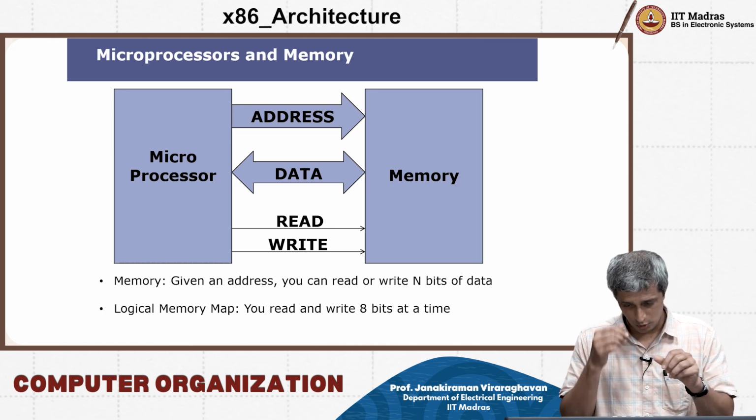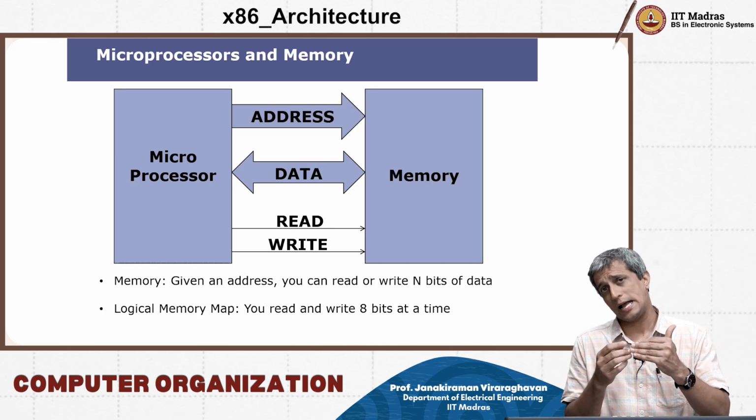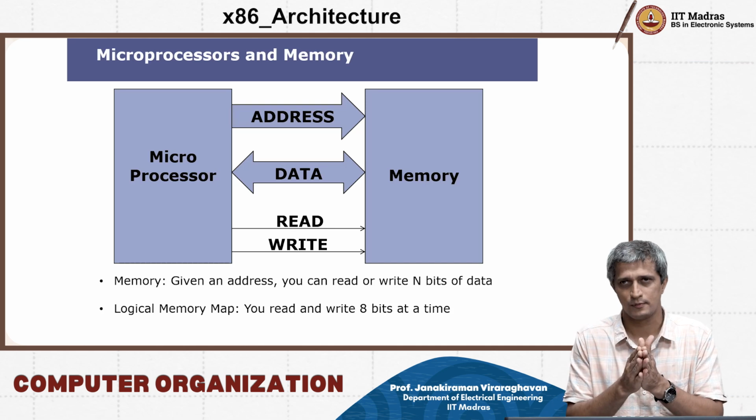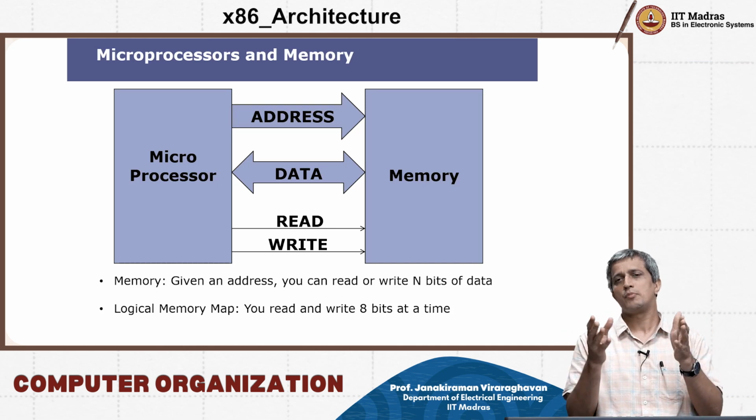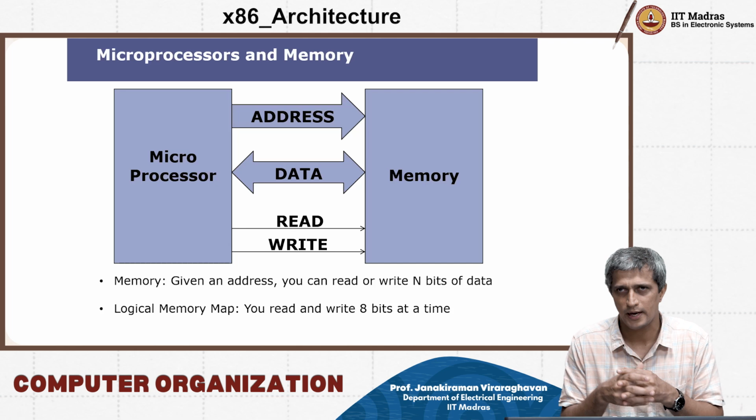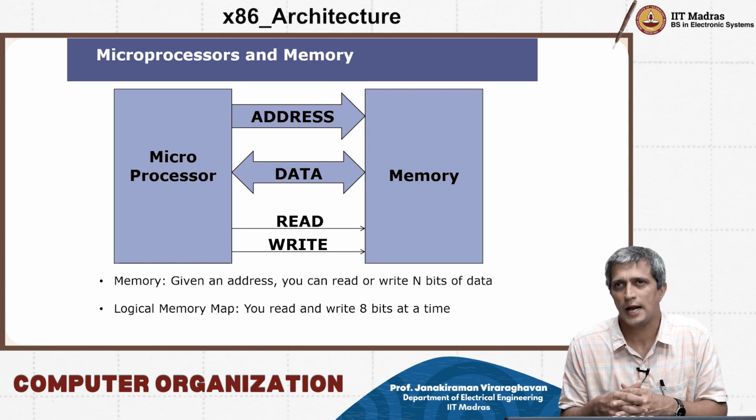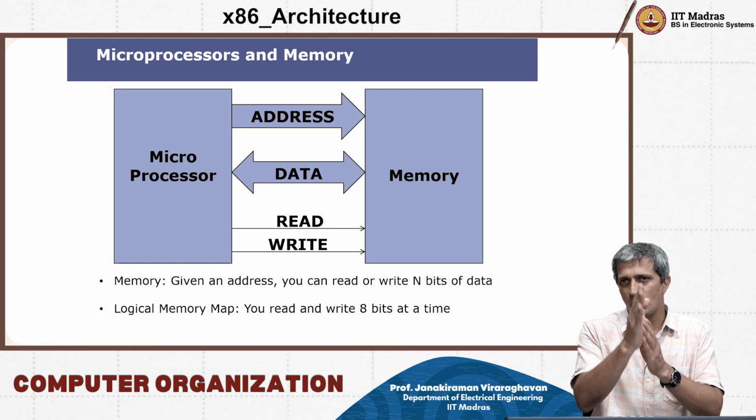So you have the microprocessor that has an address bus. A bus is nothing but a bunch of pins or wires. So this could be a 32-bit address that goes to a memory.